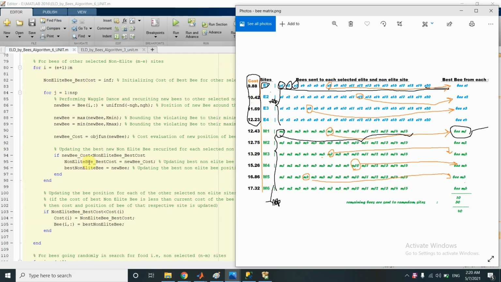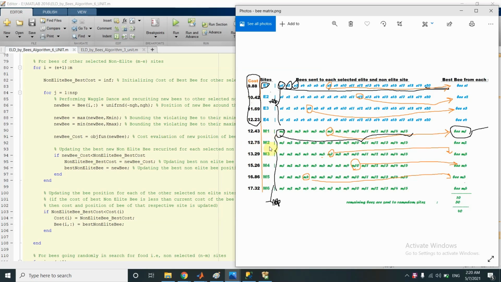And this non-elite B best cost and best non-elite B, these are the two variables that will store the best cost of newbie and the position of that newbie found among all these newbies that were sent around the neighborhood of a particular non-elite site.